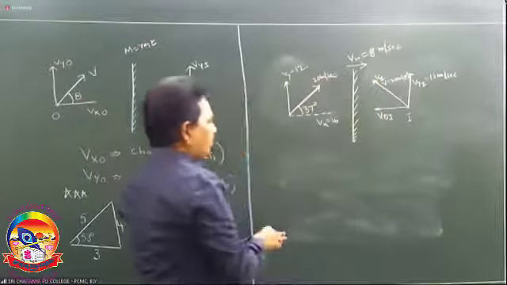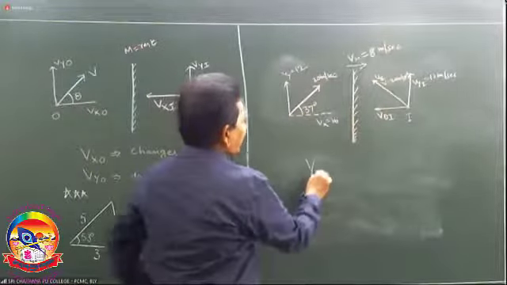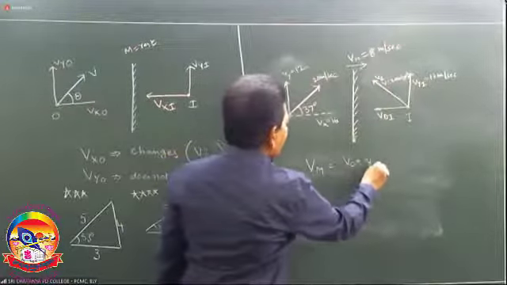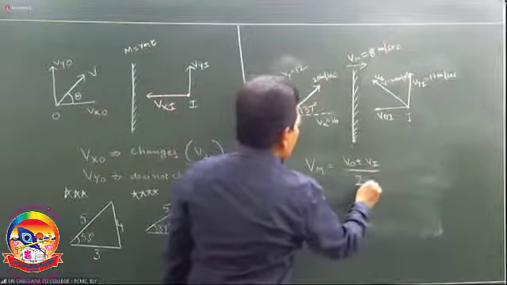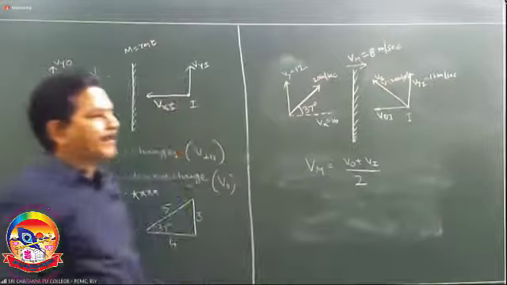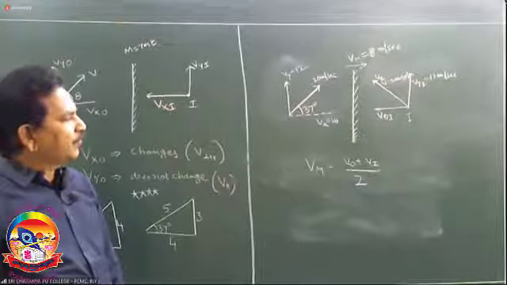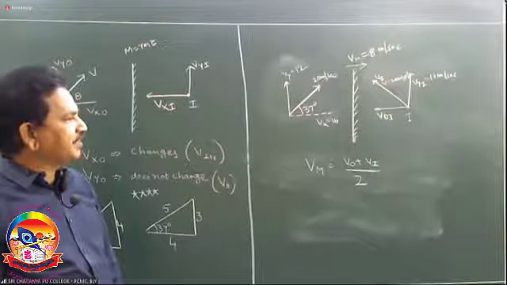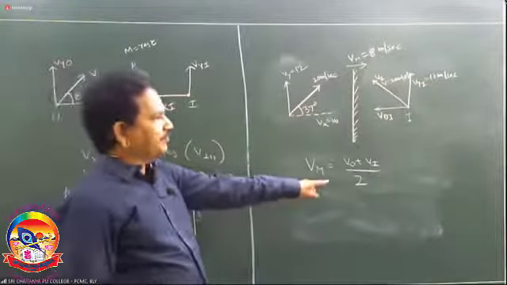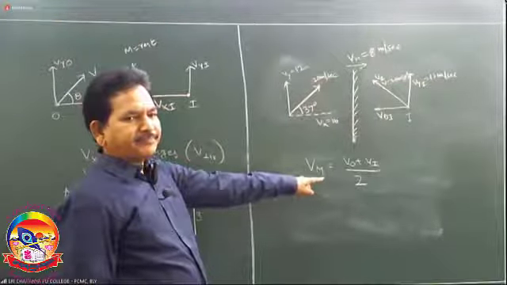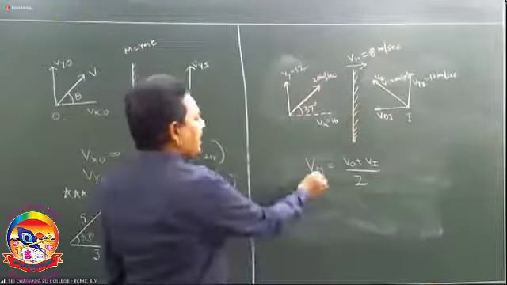When the mirror is in motion, yesterday we learned one concept: Vm is equal to (V0 plus Vi) by 2. If the mirror is also in motion, to find the velocity of the image perpendicular to the plane of the mirror, we use this formula. Then what is the Vm value?